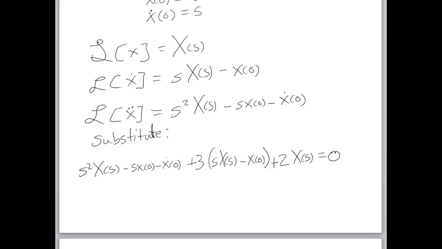So that's our differential equation where we took the Laplace transform of each of the terms in the time domain, and by using a Laplace transform table we've converted that into the s domain. So that's the first step of this solution method. Now the second step is to solve for x of s.